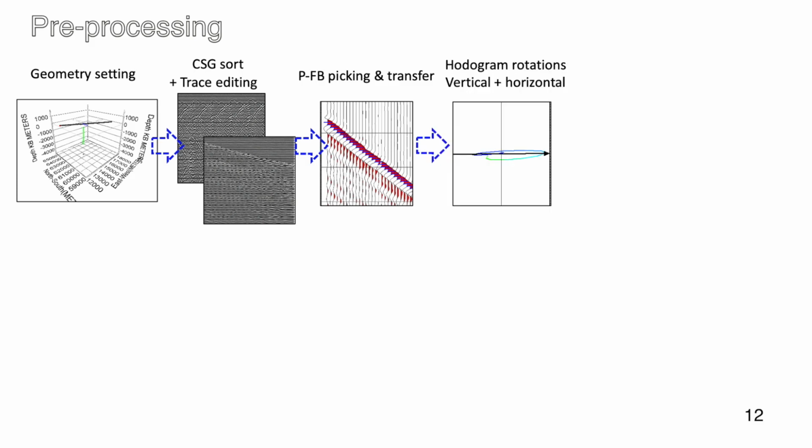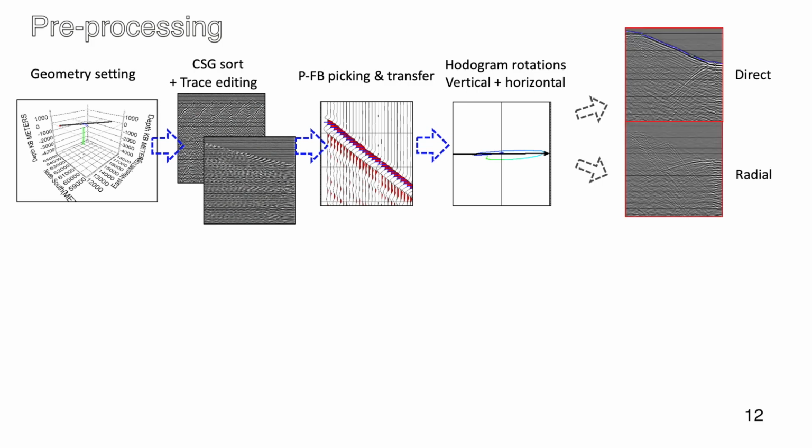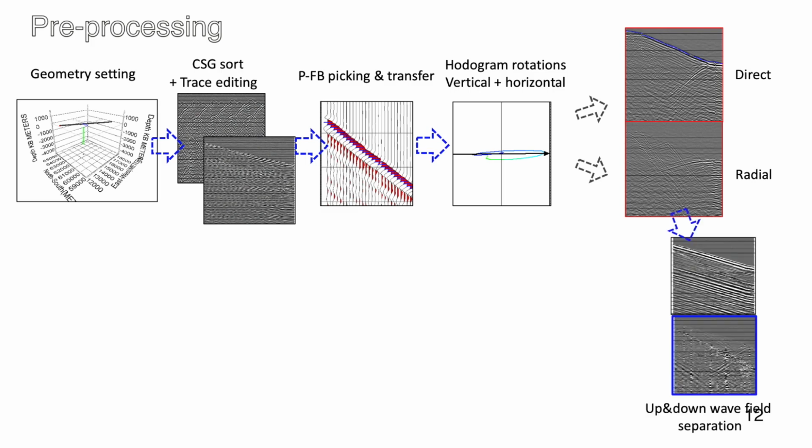We redistributed the primary downgoing P and S wave energy using the two-step hologram rotations. After that, the median filter was applied to separate downgoing and upgoing fields. The downgoing wave fields were then used to test the deconvolution parameters, which will be applied to the upgoing wave field. The downgoing wave field at near offset shot locations is often used to obtain the 1D velocity profile and Q factors.